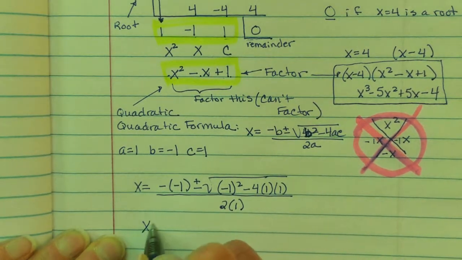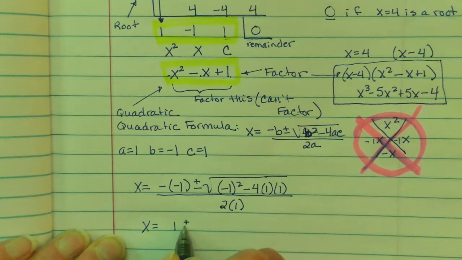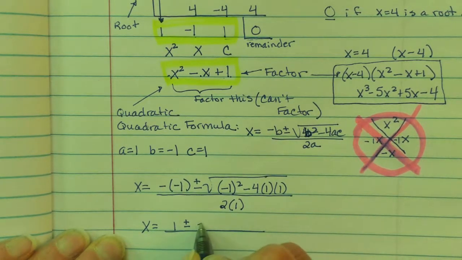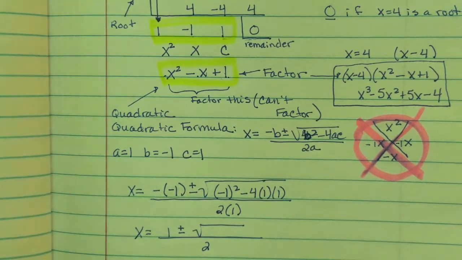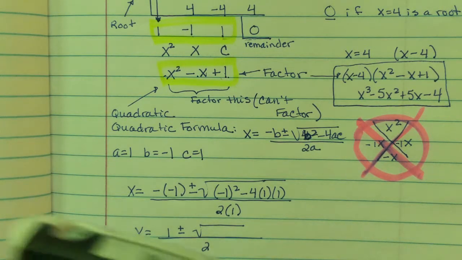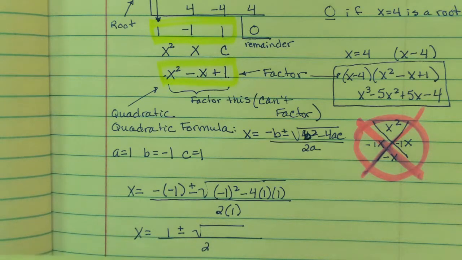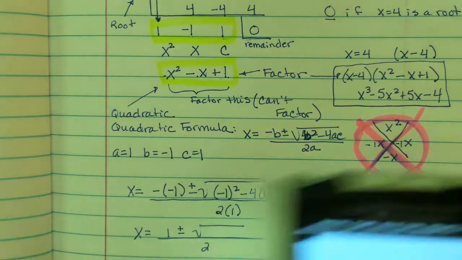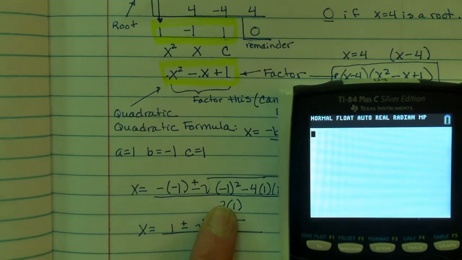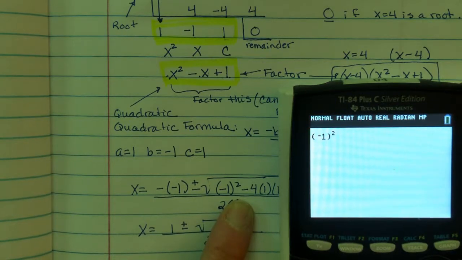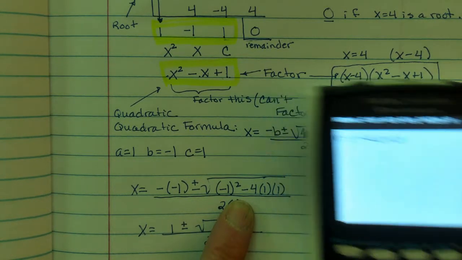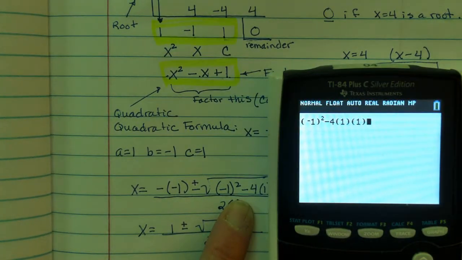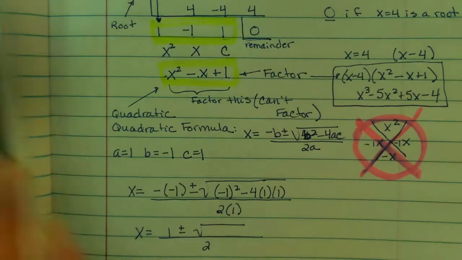So that means I have x is equal to 1 plus or minus, clean up that square root in a minute, and I'm going to put 2 there in the denominator. So just to make it clean and easy, I'm going to put it in my calculator: parentheses negative 1 squared minus 4 times 1 times 1. I put the discriminant in, and I get negative 3.